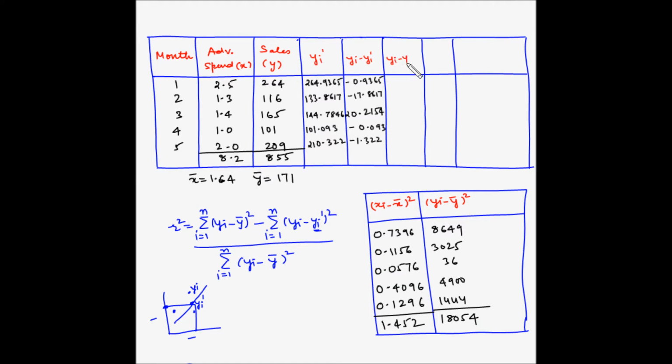So yi minus yi dash square. So basically minus 0.9365 square is 0.877, minus 17.8617 square is 319.04, 20.2154 square is 408.662, minus 0.093 square is 0.008649, minus 1.322 square is 1.747684.